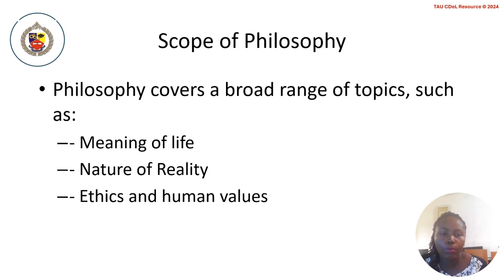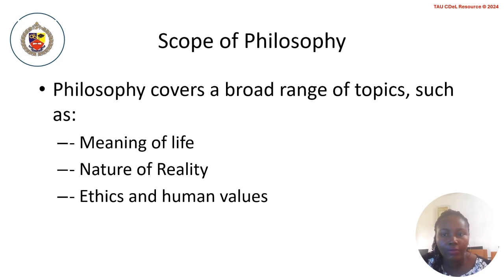So what is the scope of philosophy? Philosophy covers a broad range of topics, not limited to the meaning of life, the nature of reality, and ethics and human values.